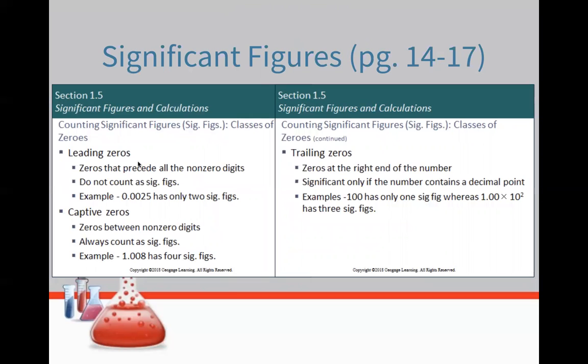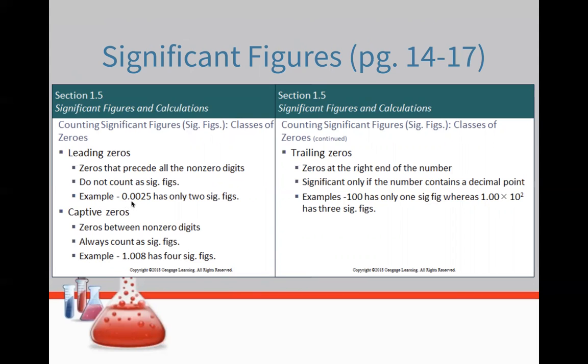Looking at the zeros, if you have leading zeros, they are not significant. They're zeros that are to the left of any non-zero digits. In this case, we have 0.0025. All of these zeros are to the left of the first non-zero digit, the 2, so they are not considered significant.